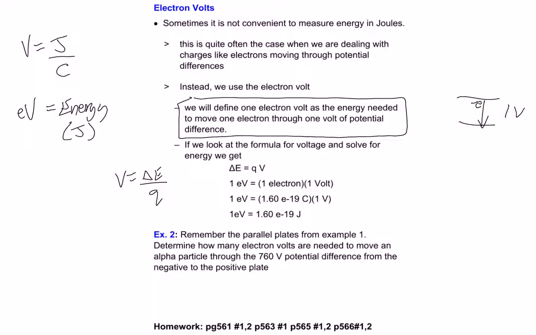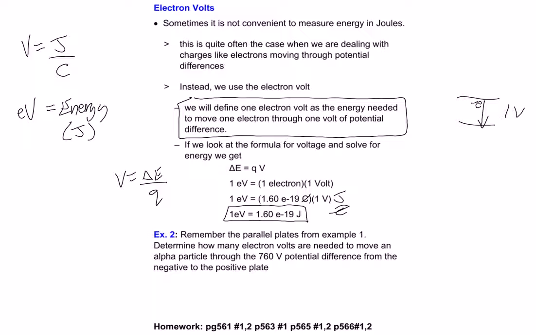So we do that times 1 volt, but remember a volt was joule per coulomb, so the coulombs would cancel, and we end up with 1.6 times 10 to the negative 19, which is the charge of an electron. So an electron volt is the exact same number as the charge of an electron, but it's in energy, not coulombs. To convert back and forth, all you have to do is divide or multiply by 1.6 times 10 to the negative 19.